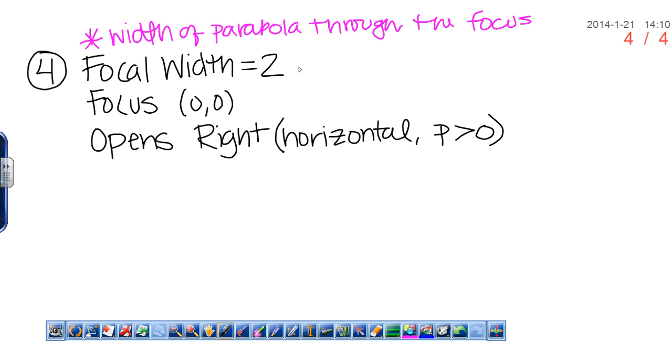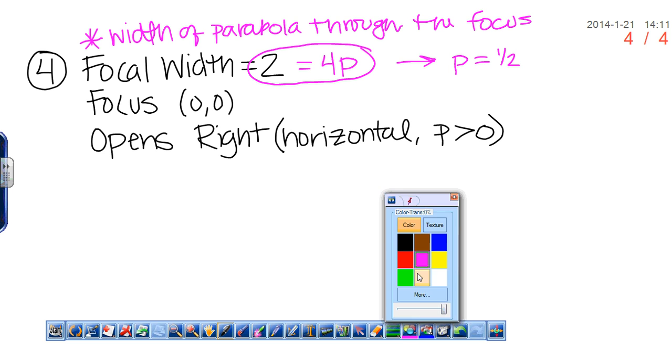It's equivalent to what? 4p. 2 is going to be equal to 4p. So yes, that tells us then that p has to be equal to 1/2. Okay? All right, let's see what we got.